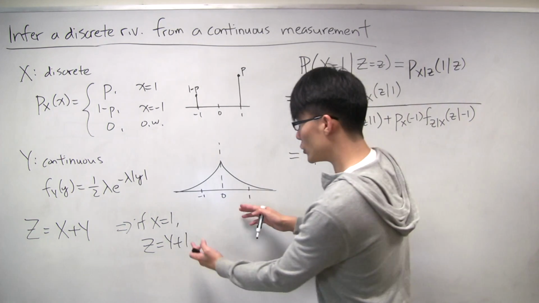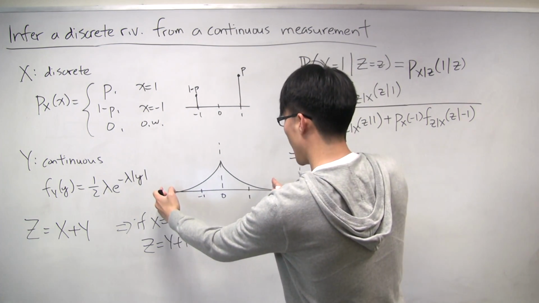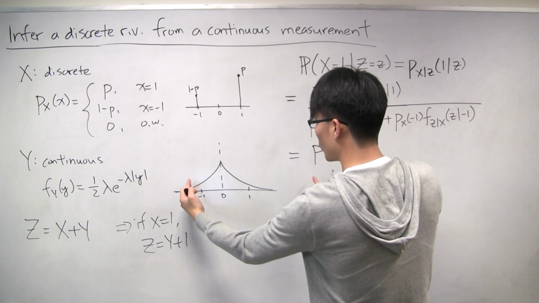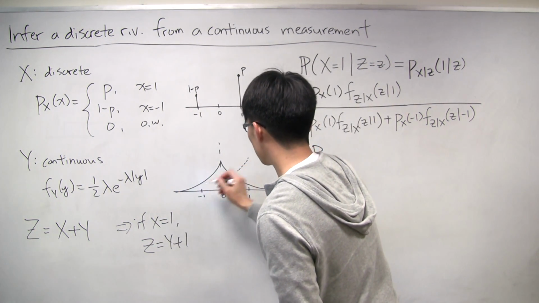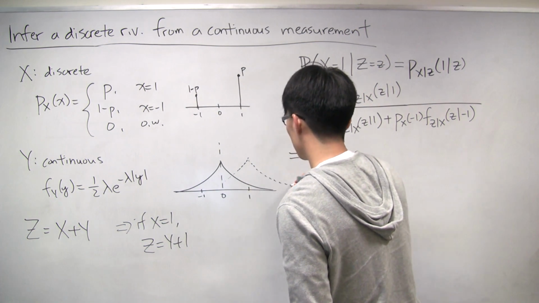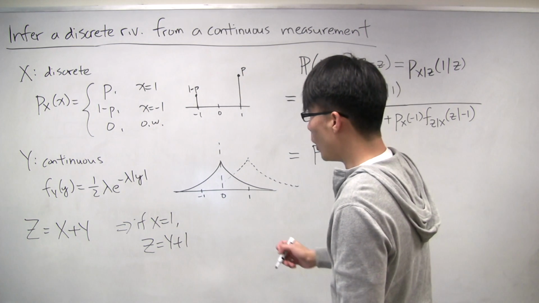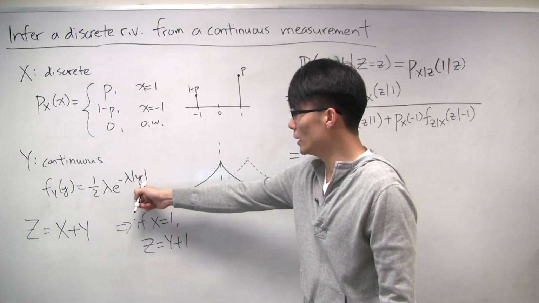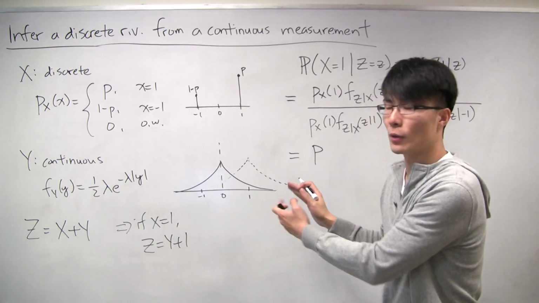Which means that you can just imagine taking y, this is the distribution of y, and just adding 1 to it, which in this diagram would amount to shifting it over by 1. So now the distribution would look like this. And algebraically, all you would do is change the thing in the absolute value to y minus 1. That amounts to shifting it over to the right by 1.